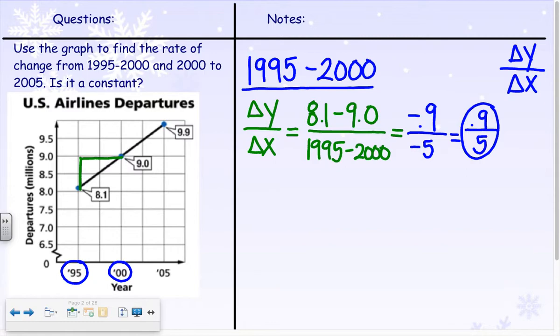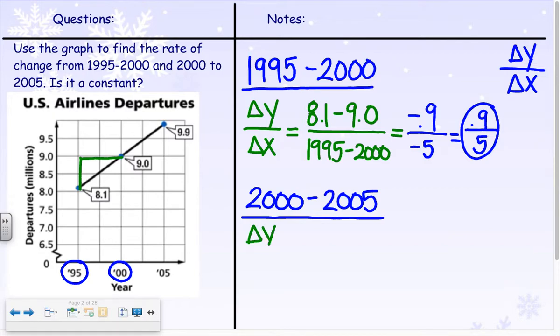All right, so then if I do 2000 to 2005, change in y over change in x. Now I'm going to go from my second group.